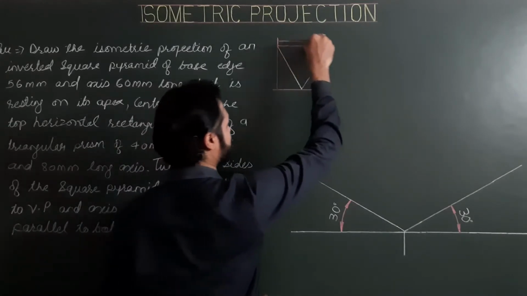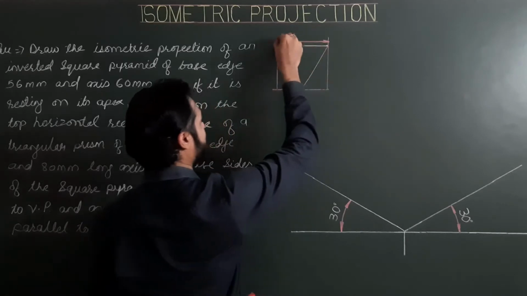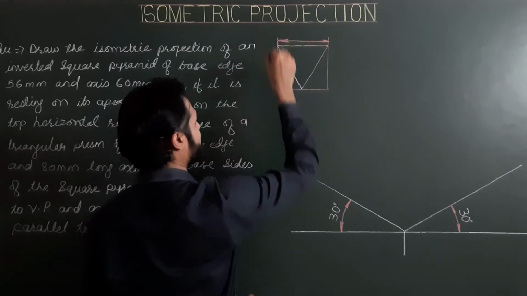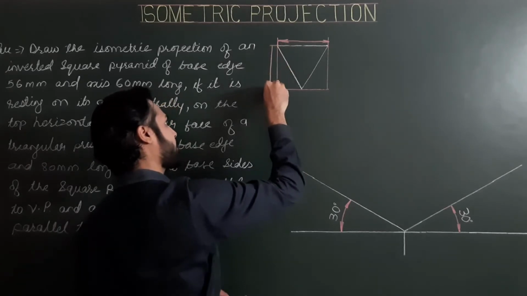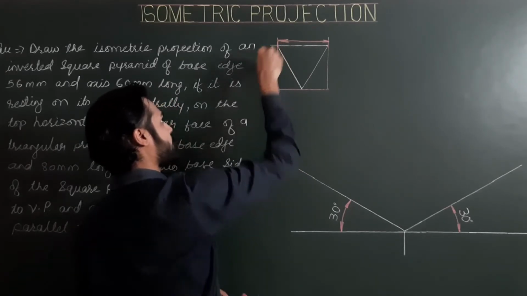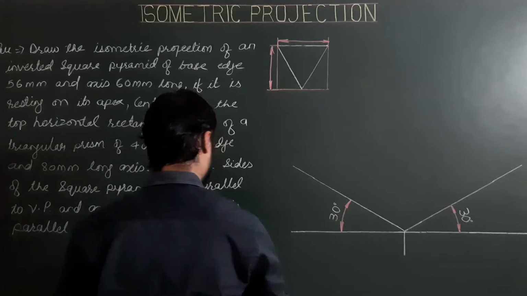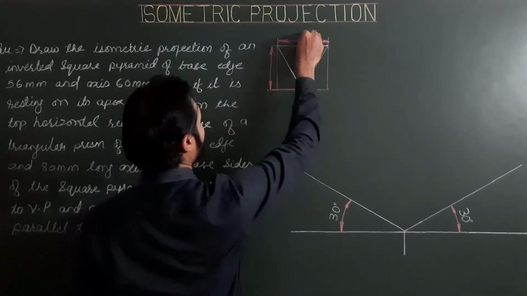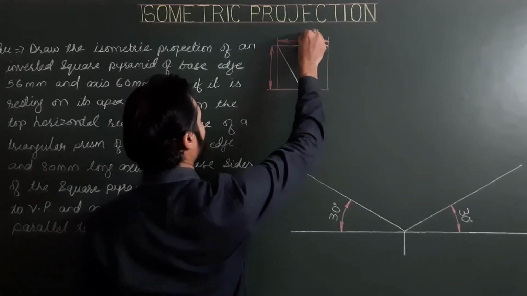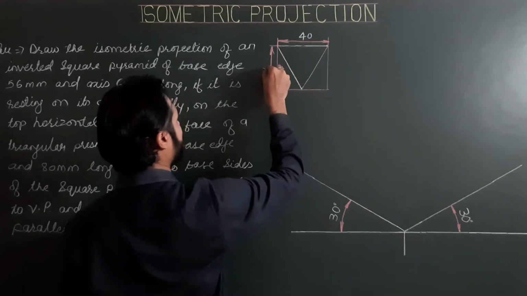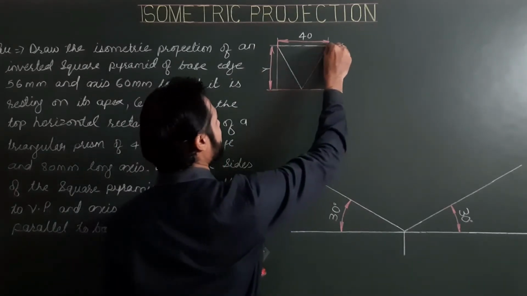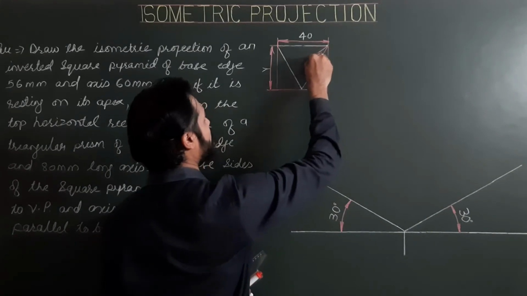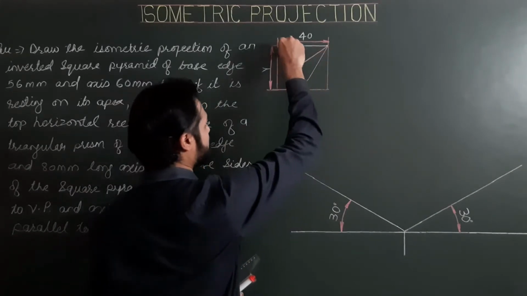Size of the rectangular box is 40 by Y. Next, locating the center, drawing lines from corner to opposite midpoint.